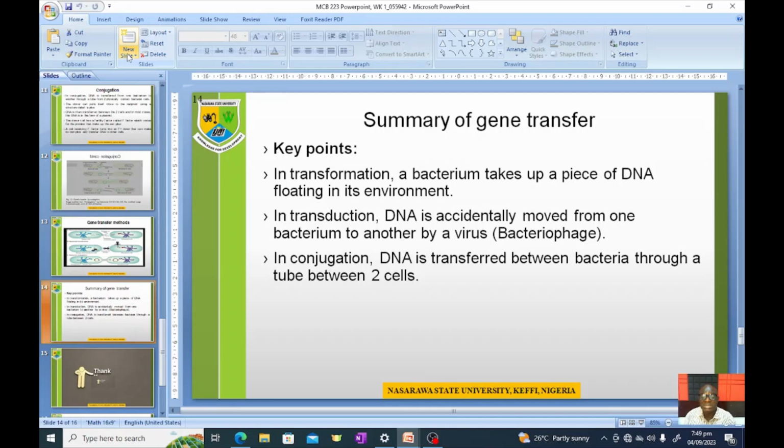In conjugation, DNA is transferred between two cells lying side by side through a tubing, by homologous recombination. And so it is important we understand that some of these steps are natural, some are done in the environment, depending on whatever we want to do.